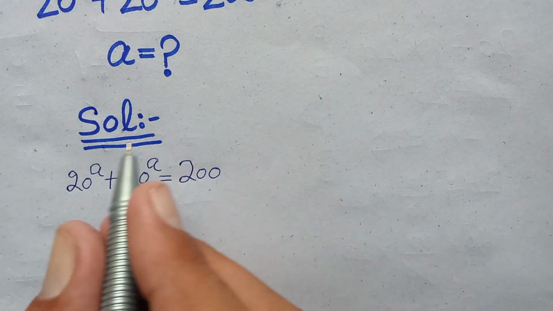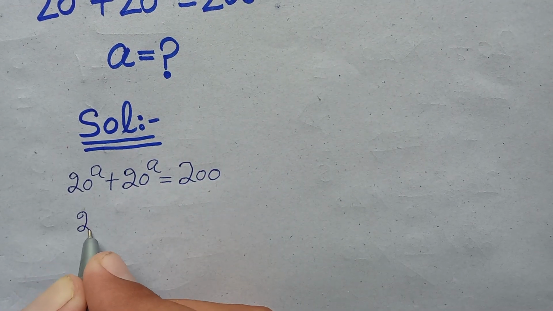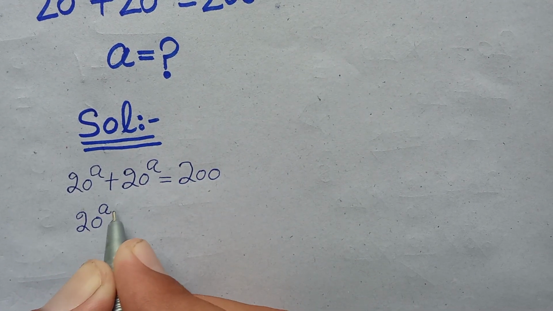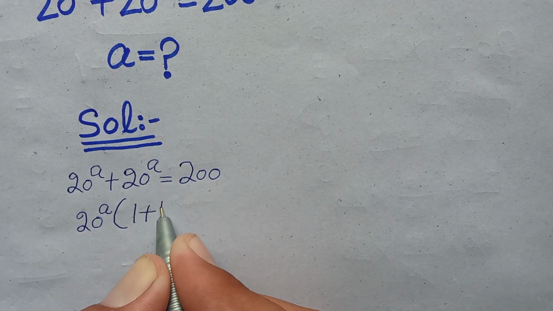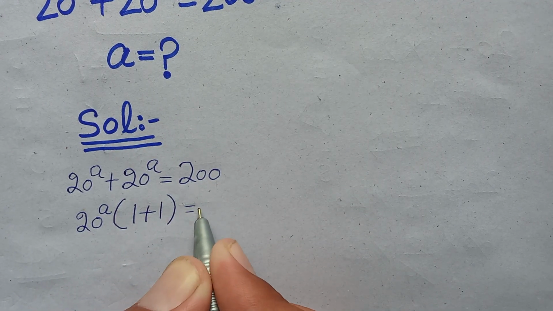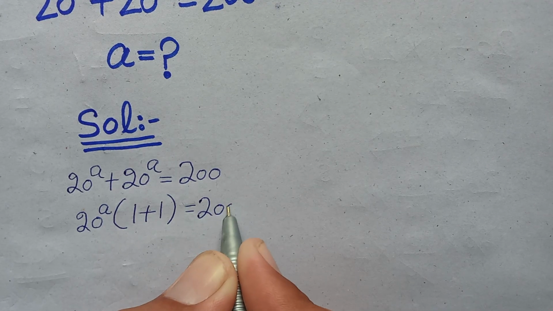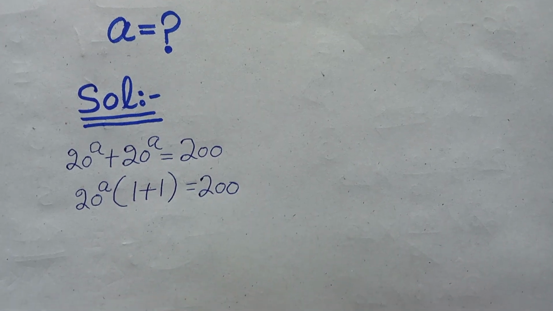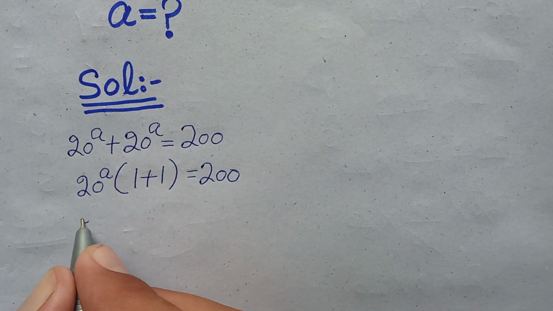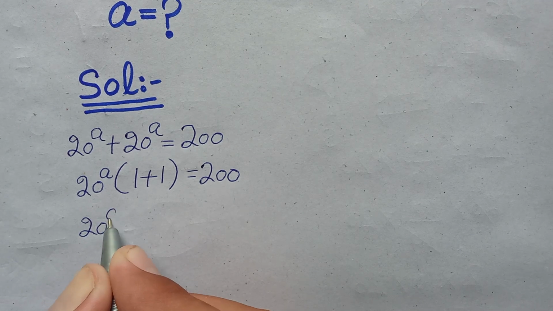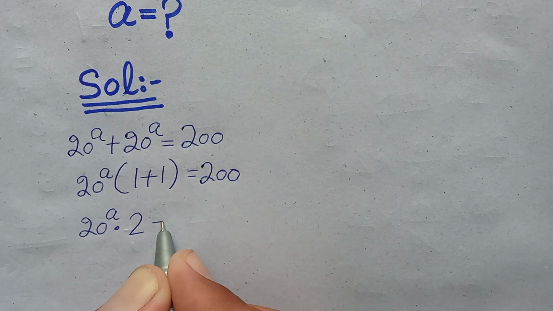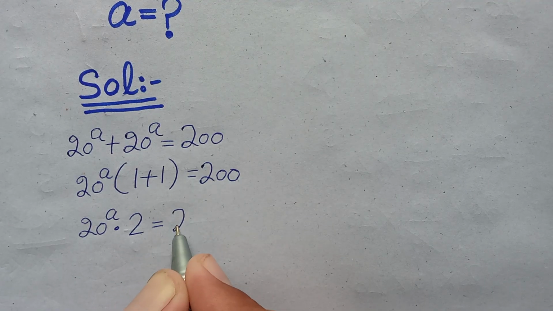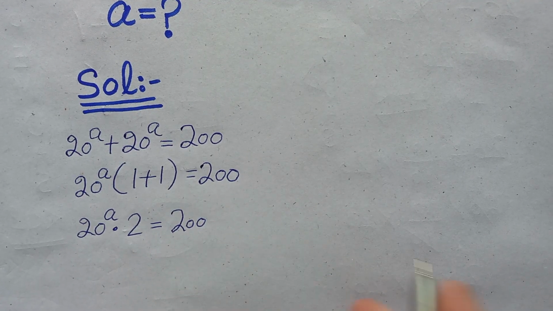Now I can take 20 to the power of a common, so it becomes 1 plus 1 is equal to 200. In the next step, 20 to the power of a times (1 plus 1 equals 2) is equal to 200.